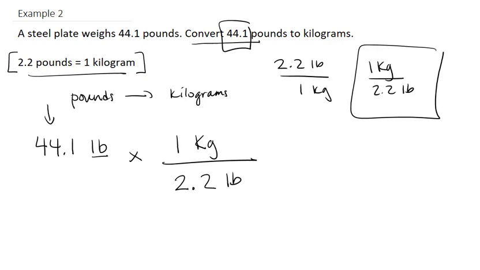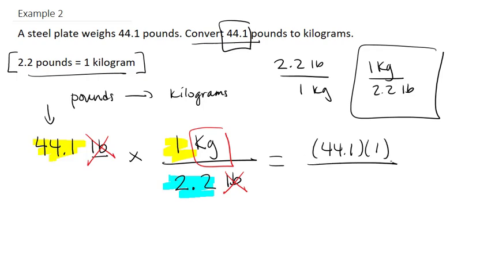Then we can cross this out, and then we're left with kilograms, which is exactly what we want. Next, we're going to multiply the top numbers, and then we'll divide it by whatever's on the bottom. So this becomes 44.1 times 1 over 2.2 kilograms. So let's get our calculators out.